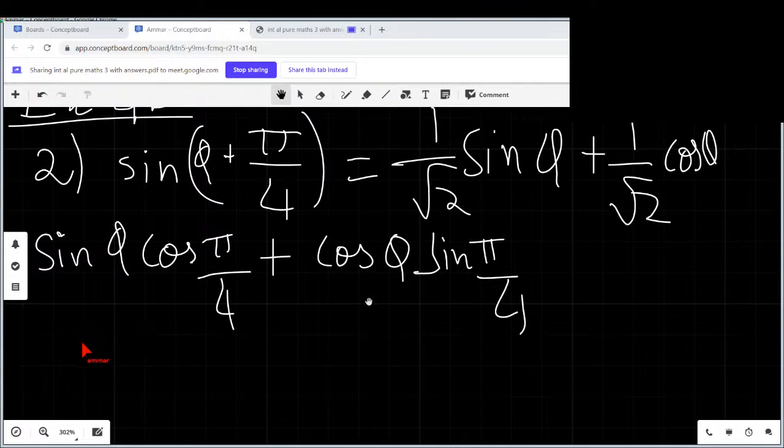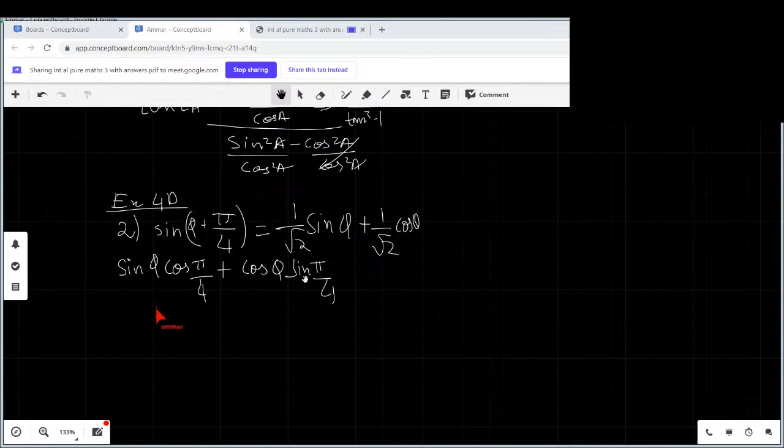What is cos pi by 4? Cos 45, right? Pi by 4.